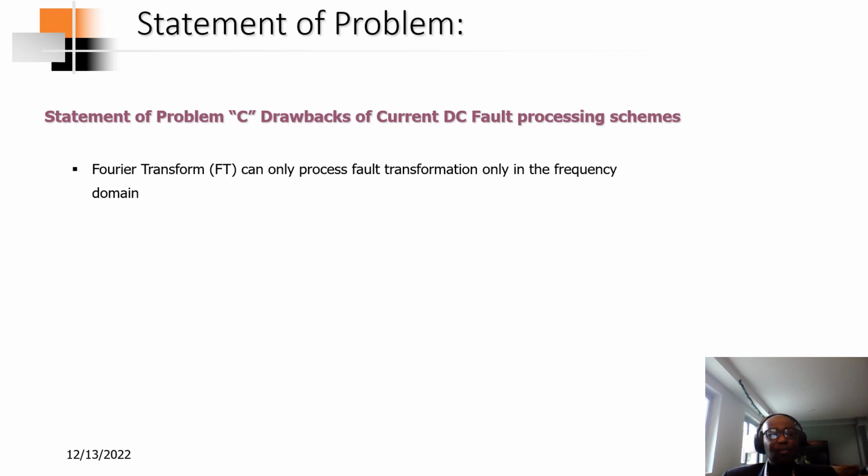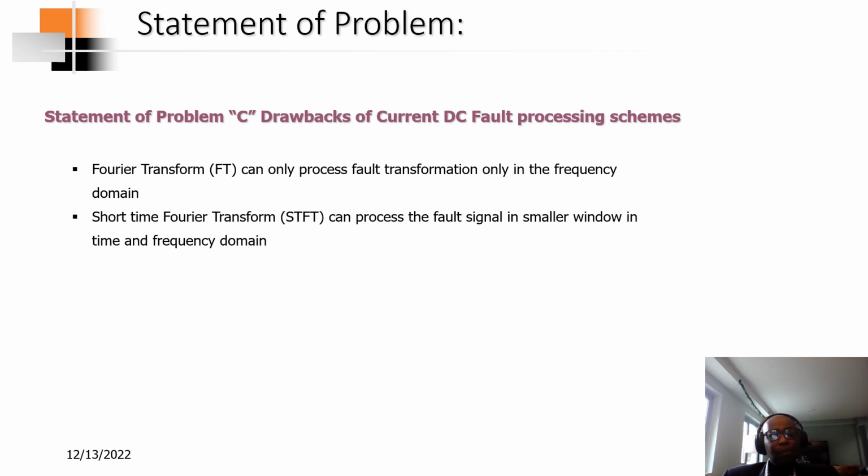As such, the Fourier transform becomes a limitation for the current schemes and the future schemes that HVDC configurations and topologies are evolving to. The short-time Fourier transform, like I made mention, was introduced to mitigate the drawbacks associated with Fourier transform.